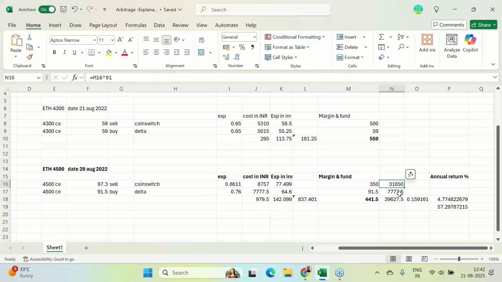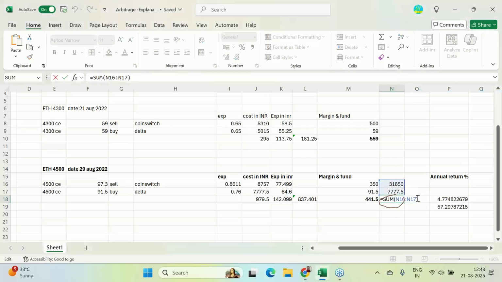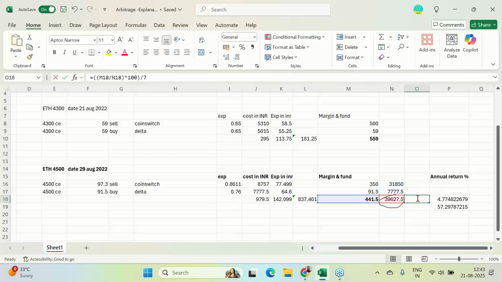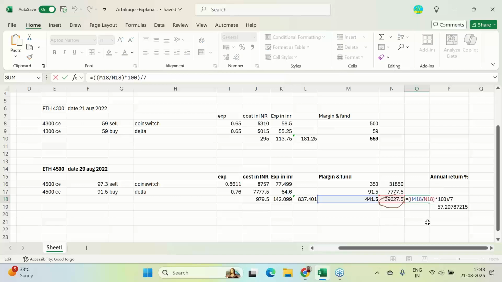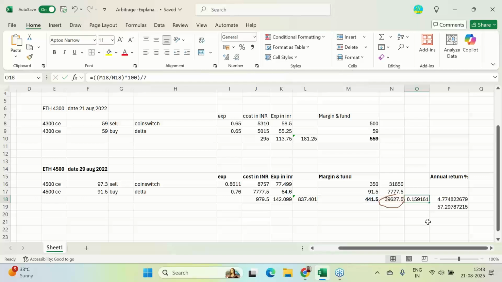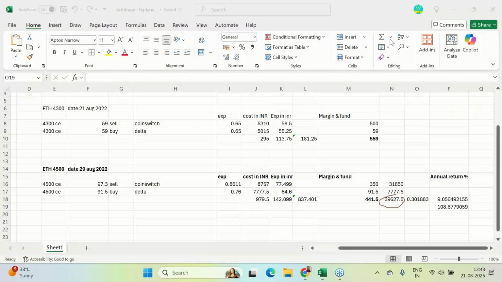So in Indian rupee terms, my investment is 40,000. I am saying that both will expire worthlessly.